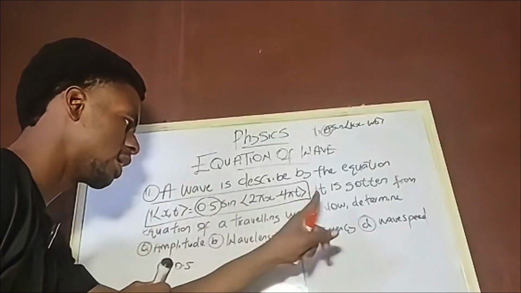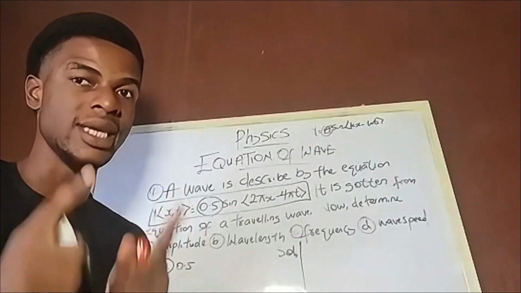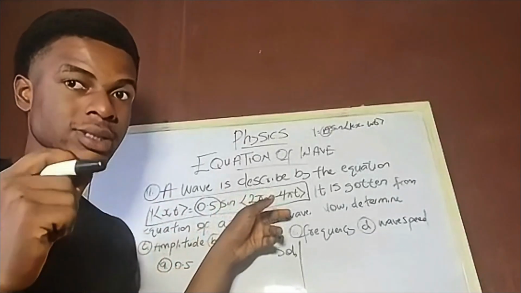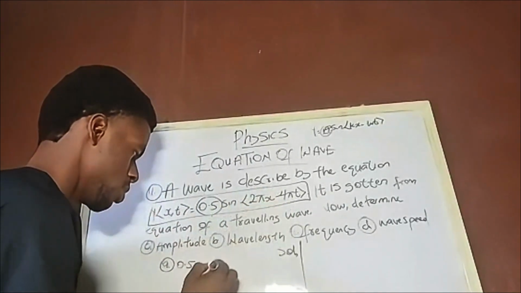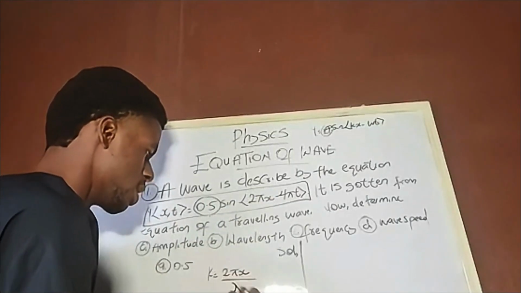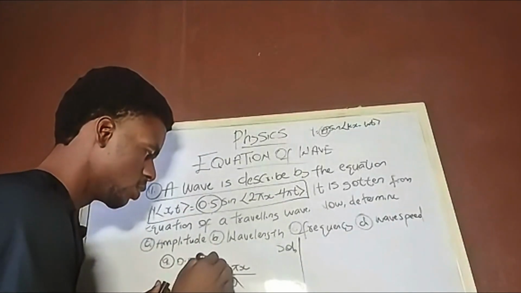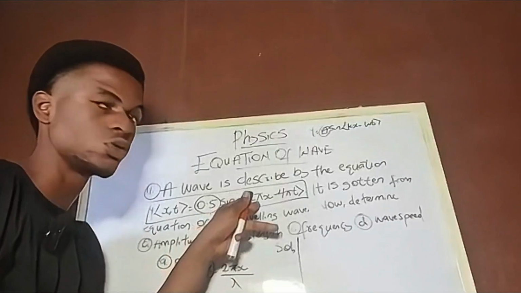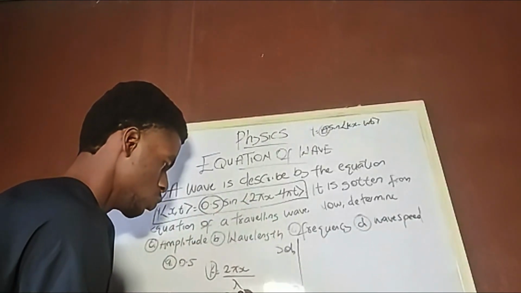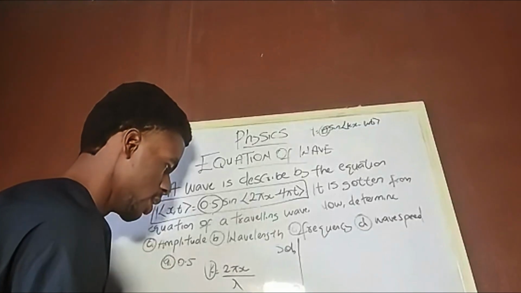Now they said determine the wavelength. So how do we get the wavelength? We can get the wavelength using the wave constant, which is k. Remember your k is 2πx/λ, right? This k, our wave constant, gives us 2πx. So we have 2πx = 2πx/λ.